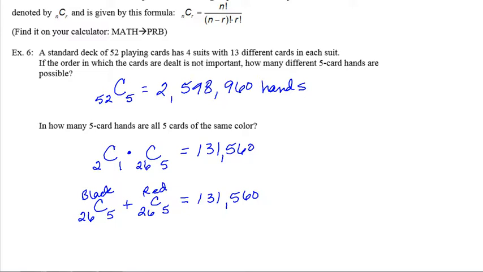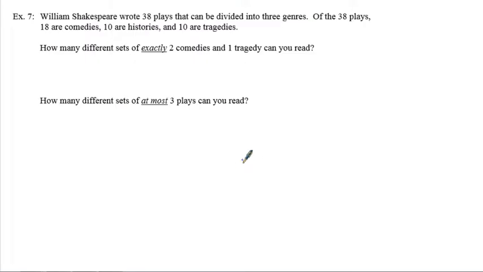Let's look at the next example of combinations. If Shakespeare wrote 38 plays, and we can divide those into 3 genres, comedies, histories, and tragedies, how many different sets of exactly 2 comedies and 1 tragedy could you read? So we're saying 2 comedies out of how many comedies? Out of 18.